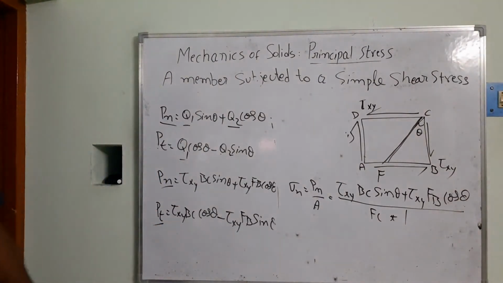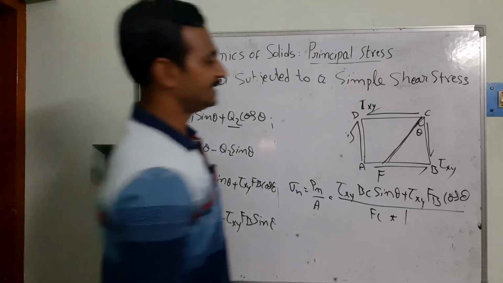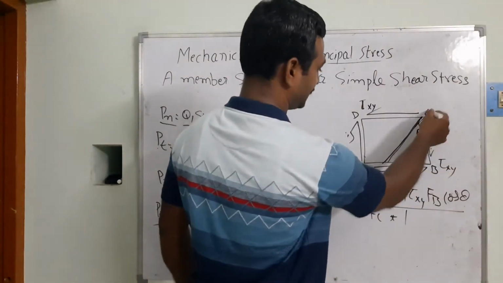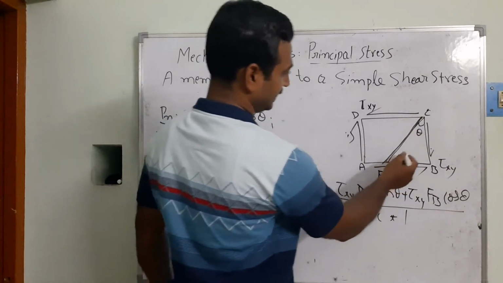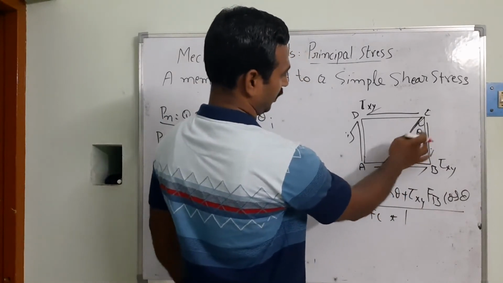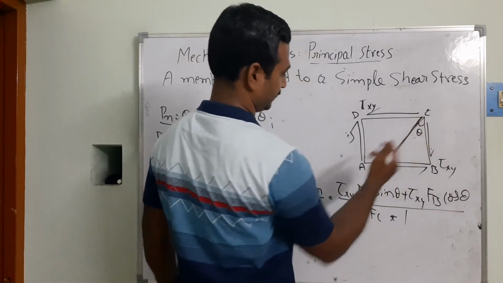For further simplification of this equation, BC by FC: BC is the adjacent component and FC is the diagonal. So cos theta is equal to BC by FC.